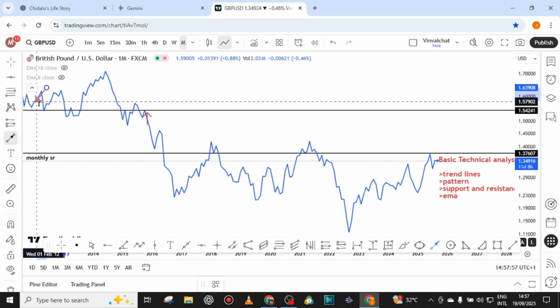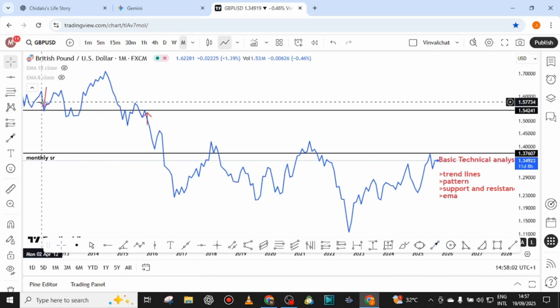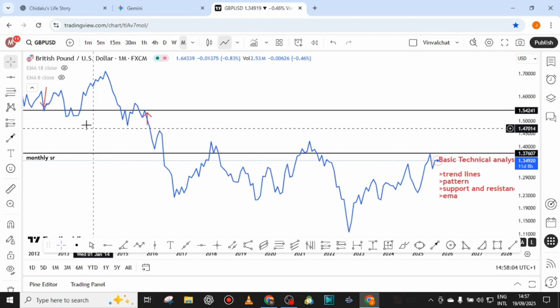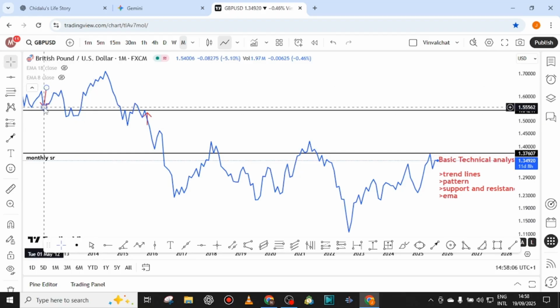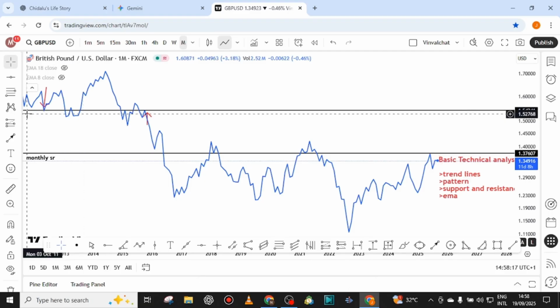So these are the two touches. We call it the two touch rule: a touch from the top and a touch from the bottom. We label it as our monthly support and resistance. When you click on it, you type the text monthly SR.